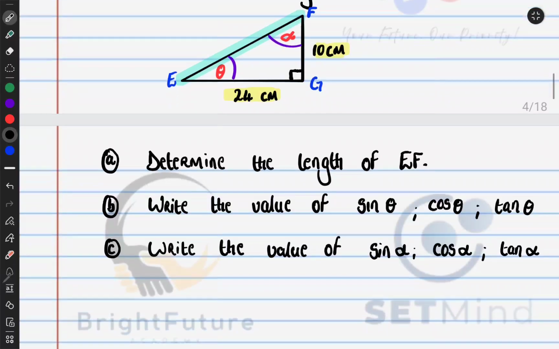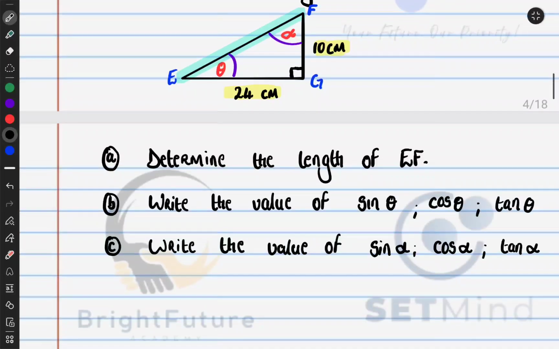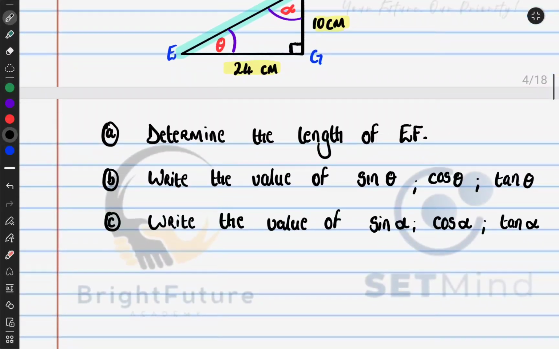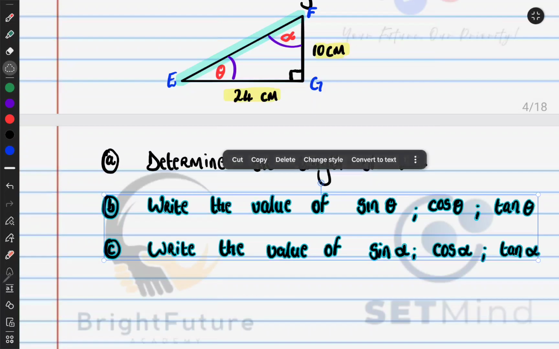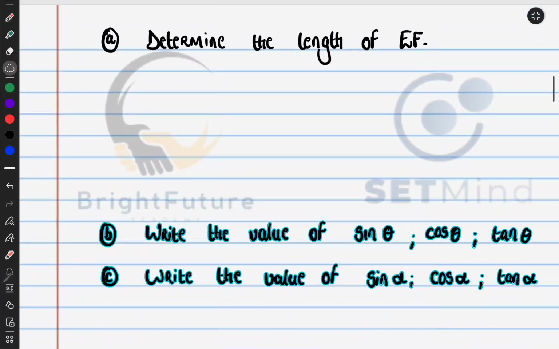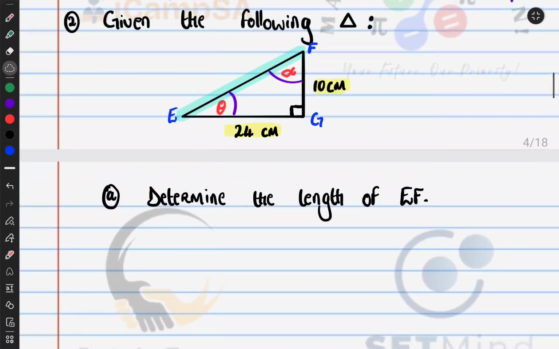The theorem of Pythagoras, which says the square of the hypotenuse side is equal to the sum of the squares of the other two sides. So we're going to use the Pythagoras theorem in order to determine the length EF.